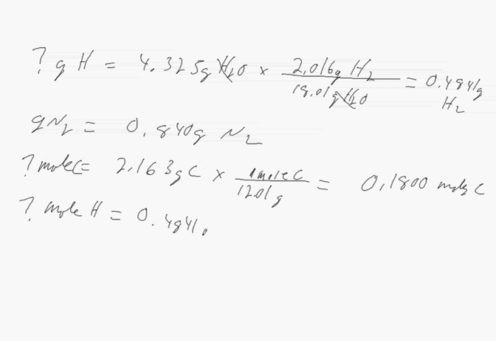0.4841 grams of hydrogen, and we know that for every 1 mole of hydrogen we have 1.008 grams of hydrogen. Grams of hydrogen cancel out.